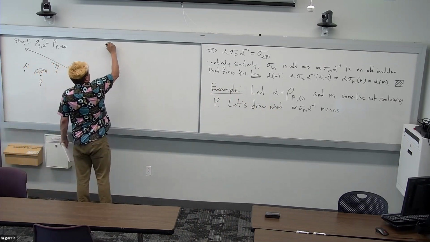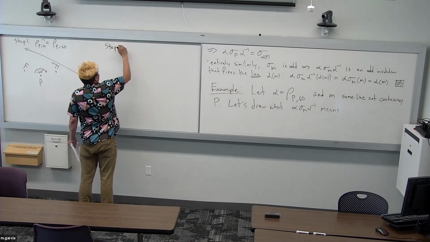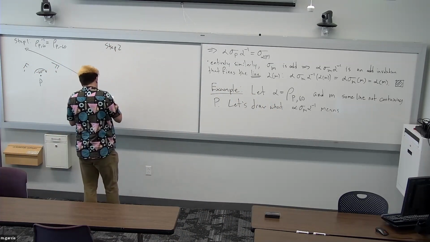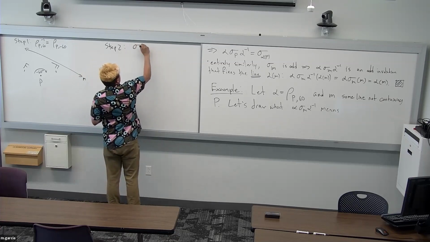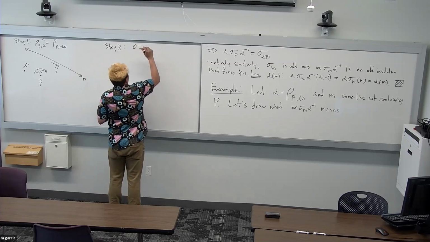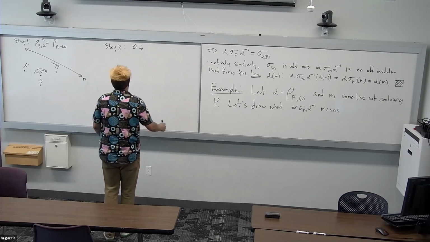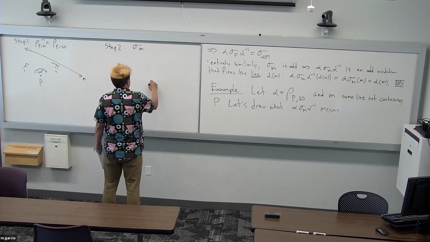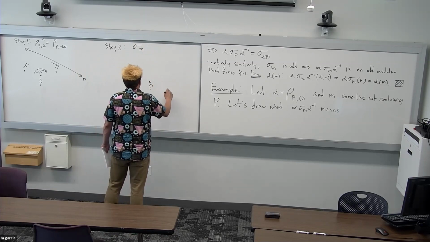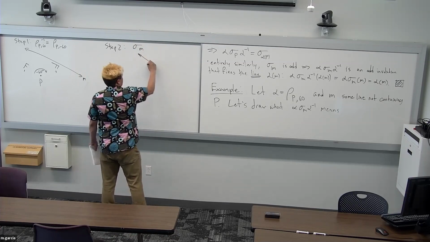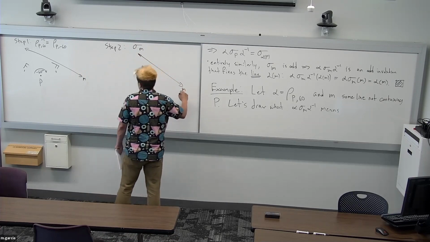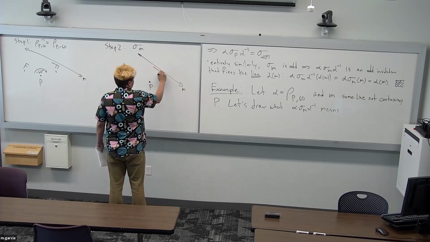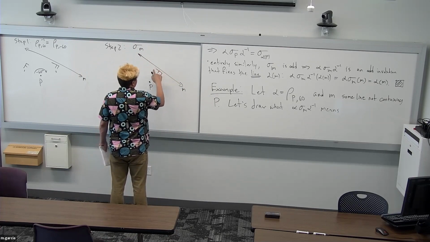Okay? So, step 2. We'll do sigma sub m. Okay? So, still have my point P and my line M. And I have my F shape here.